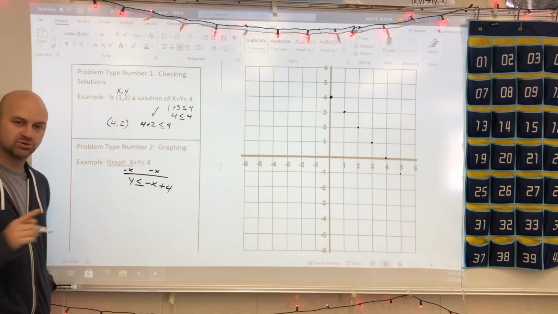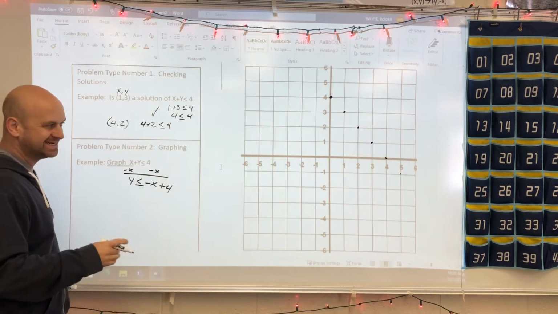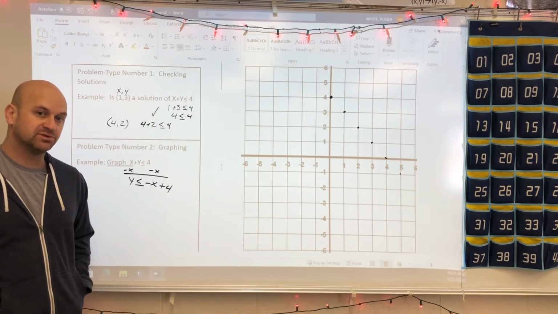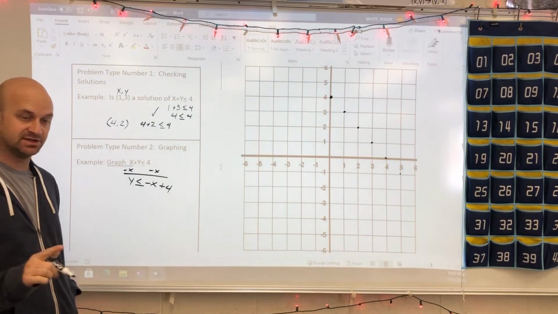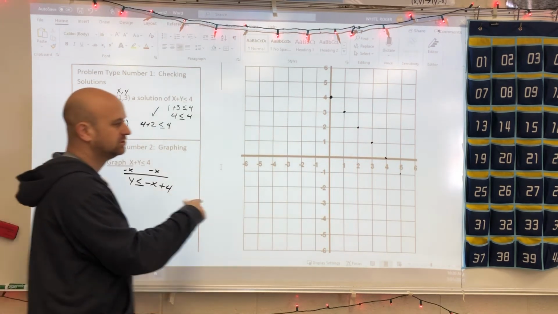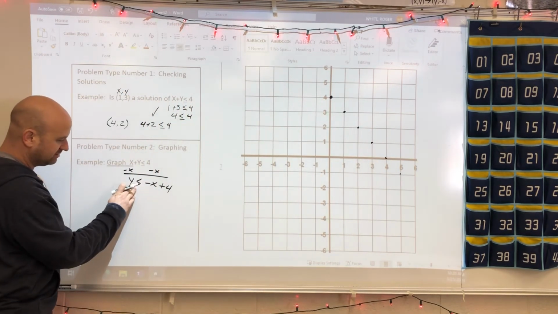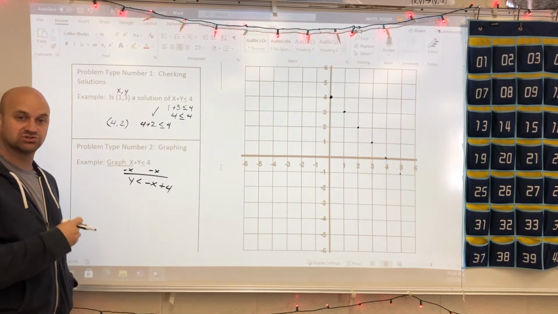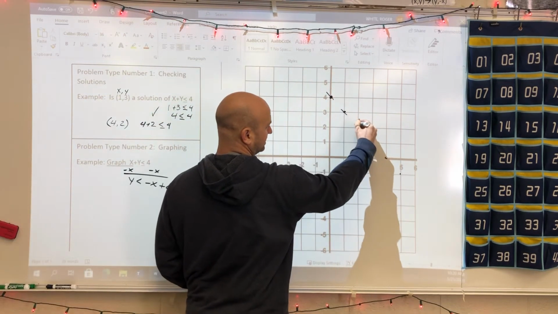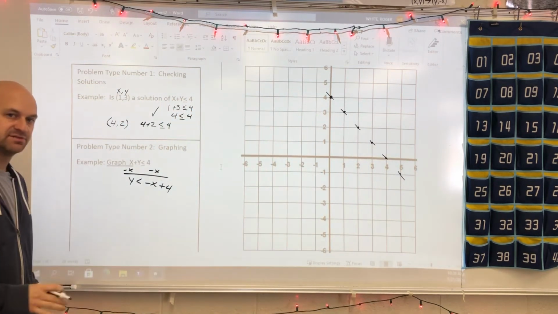Now, here's what's important and different from inequalities to equations. In an equation, we would often plot our points and then draw a solid line all the way through connecting them. In this case, because it's also equal to, we're going to complete a solid line. But if the problem only had less than or just greater than, what we would do is put a dashed line like this. That is very, very important.